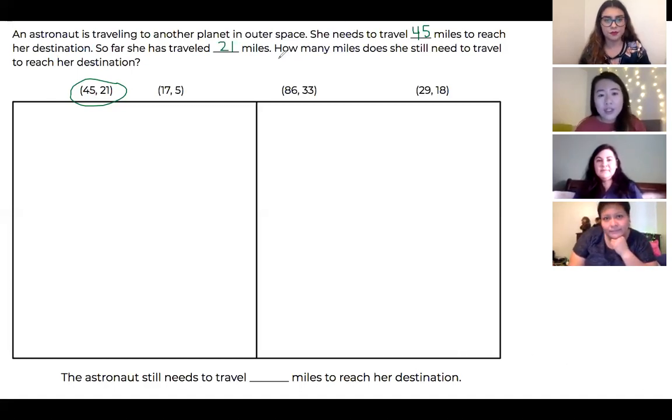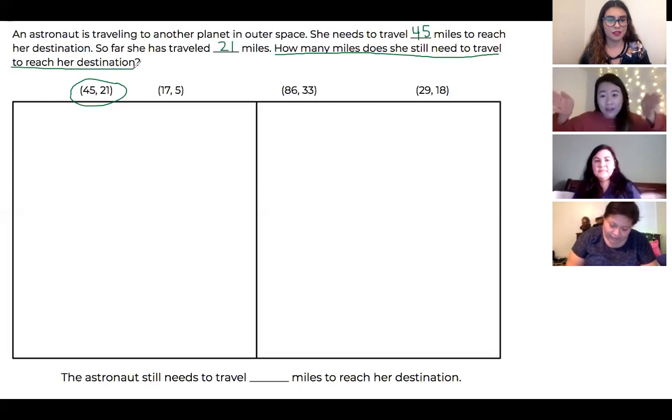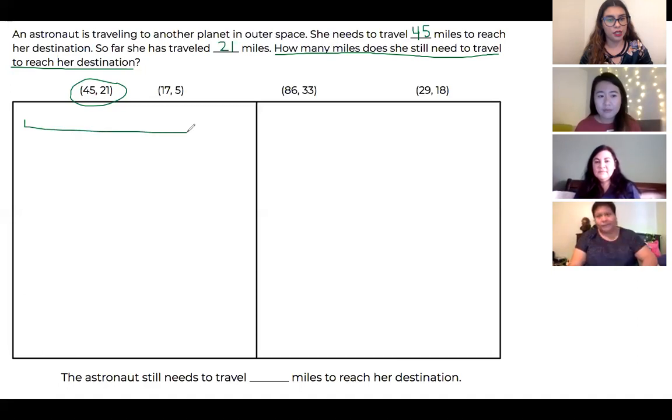I think it's the question at the very end, how many miles does she still need to travel to reach her destination? So I'm imagining there was 45 total miles and she's traveled 21. So she needs to find out how much this amount is. And I love that representation that you use. I know sometimes people use a bar to represent a whole.